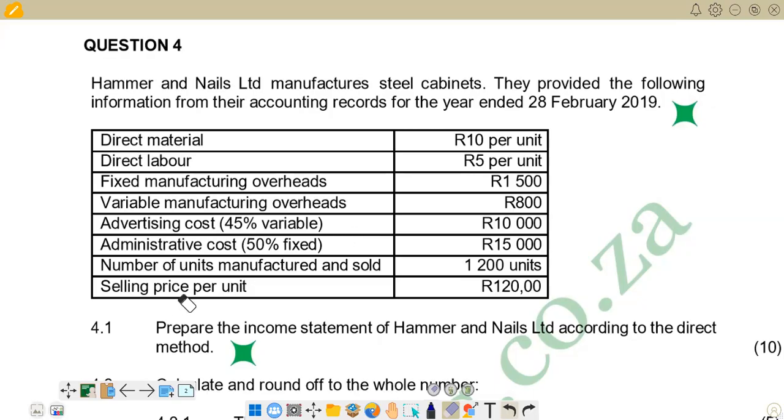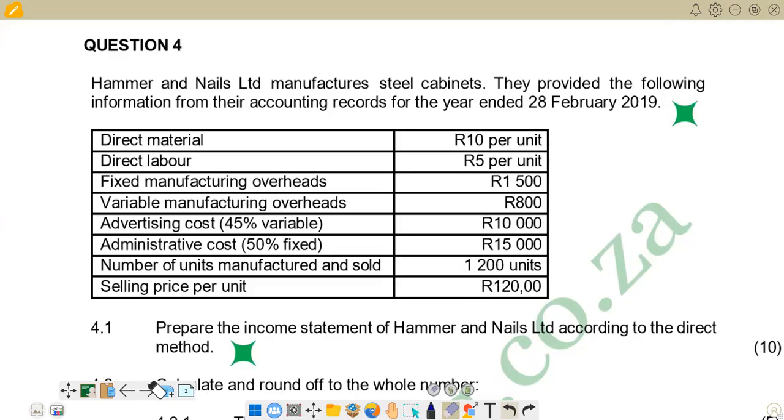We are only given the selling price per unit, which is 120 rands, and the number of units manufactured and sold, which is 1,200 units. One unit has a selling price of 120. So for the sales, we are going to multiply the number of units that were sold times the selling price per unit to get the total value of sales.